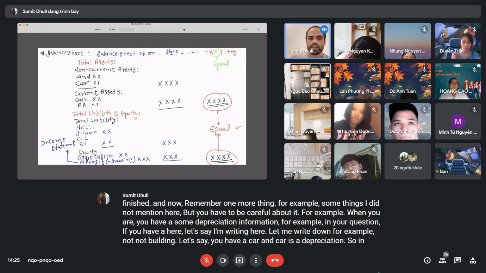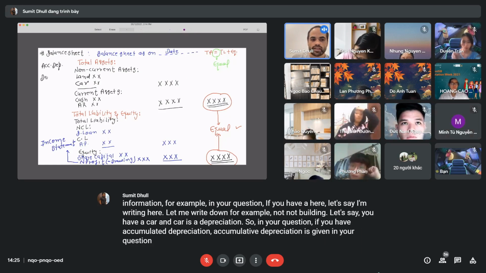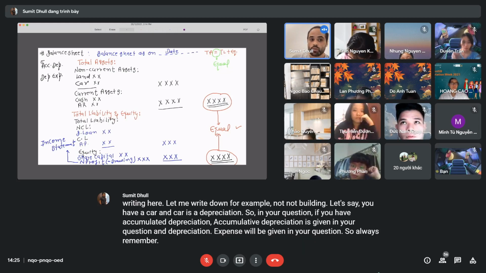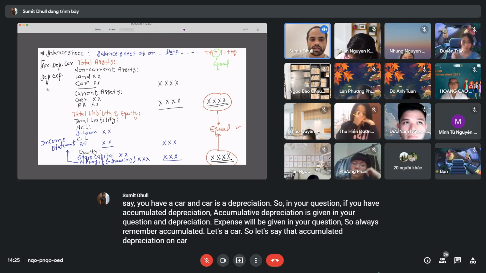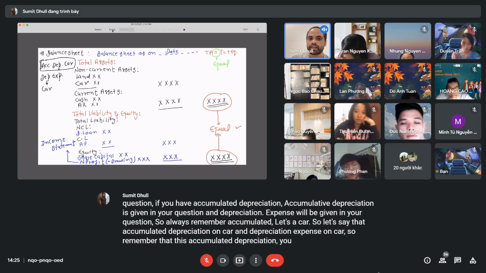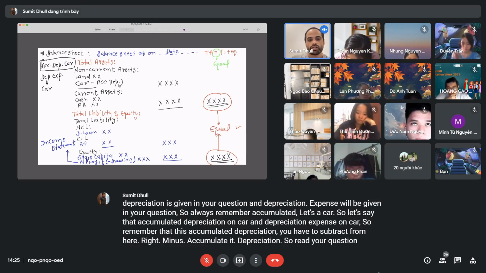So if in your question accumulated depreciation is given, and depreciation expense is given, always remember, let's say, accumulated depreciation on car and depreciation expense on car. Remember that this accumulated depreciation you have to subtract from here, all right? Minus accumulated depreciation. So read your question carefully, right?